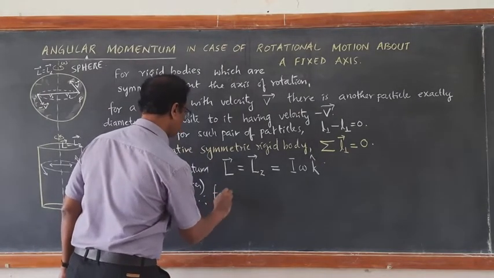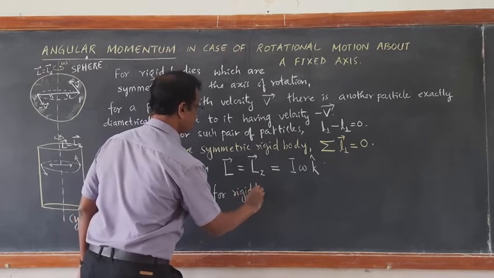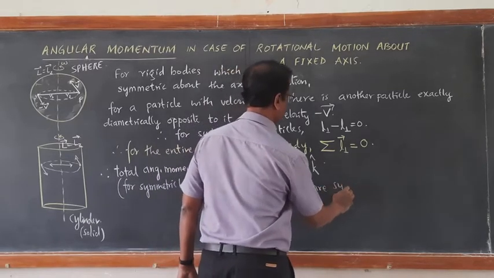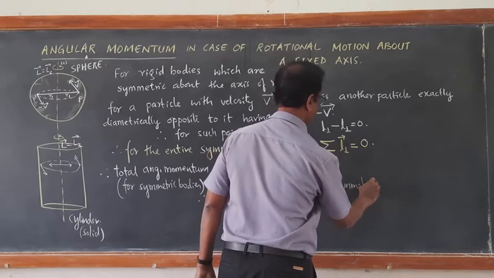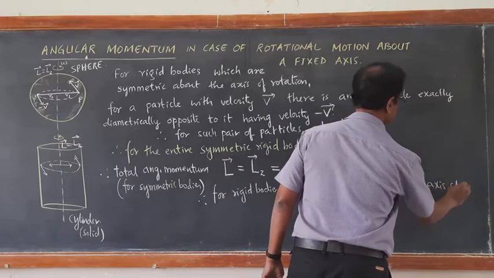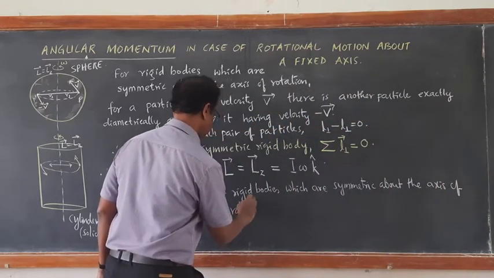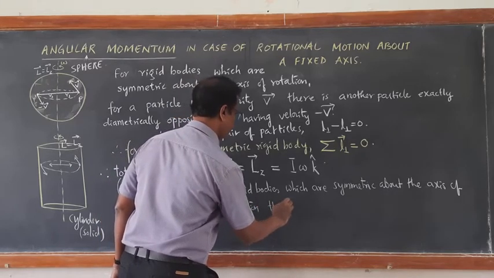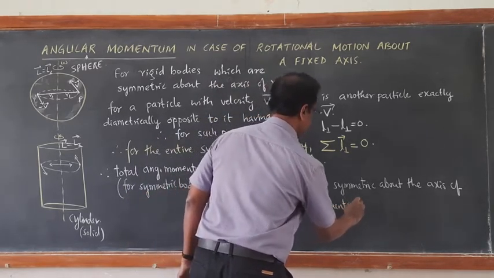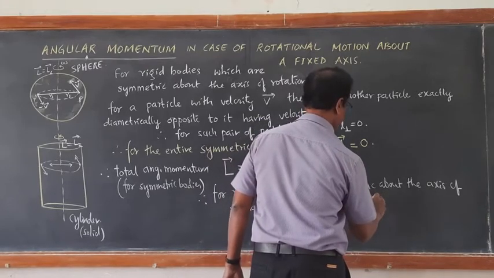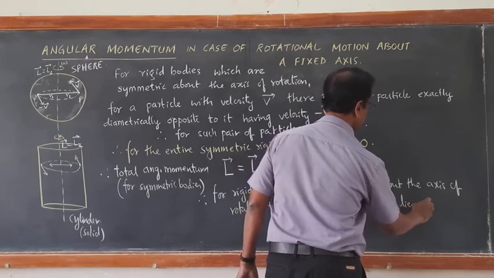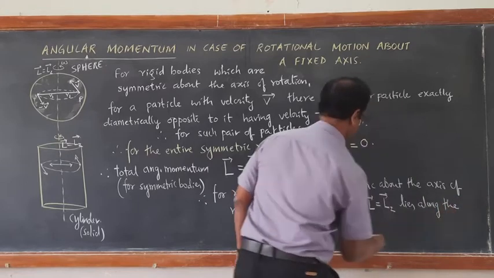Therefore, for rigid bodies which are symmetric about the axis of rotation, the entire angular momentum of the rigid body, L is equal to Lz, that is, it lies along the axis of rotation.